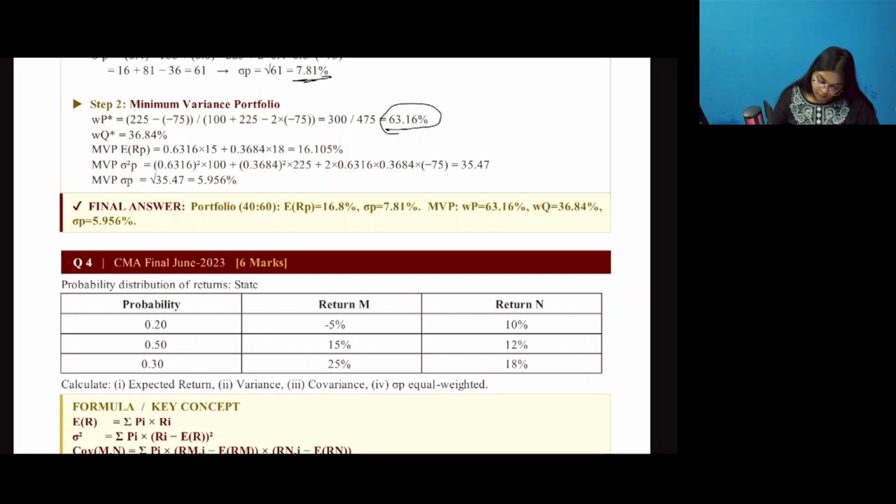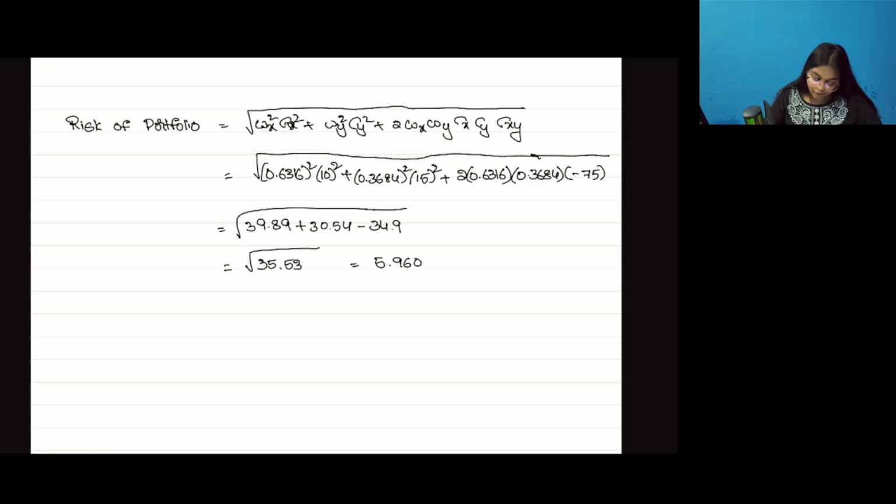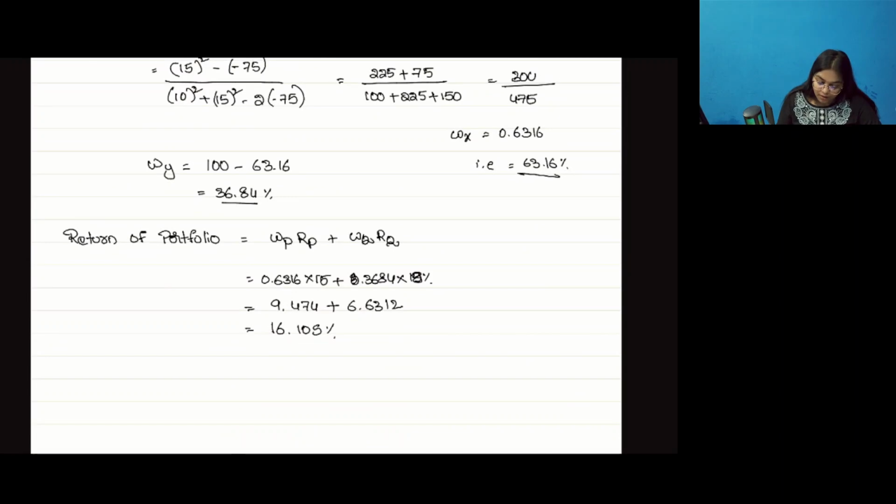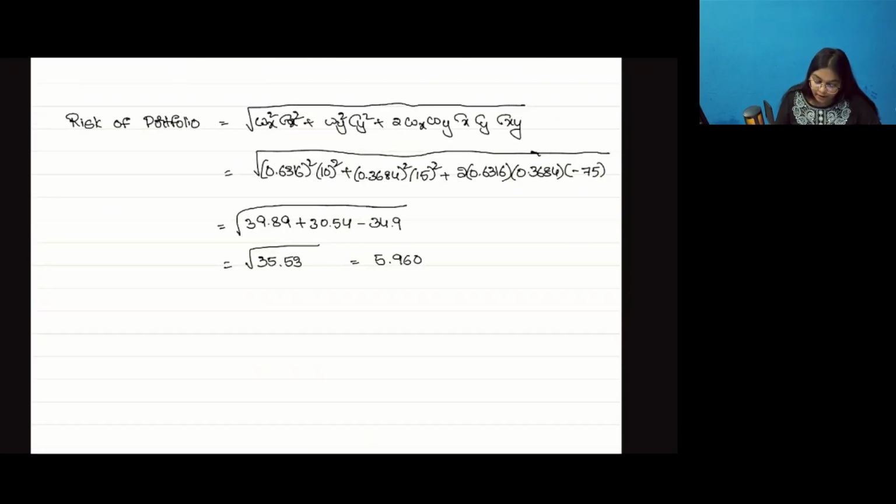So the risk and return of the portfolio under the minimum risk portfolio: return will be 16.105 and risk will be 5.960.